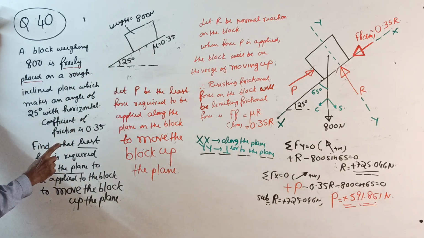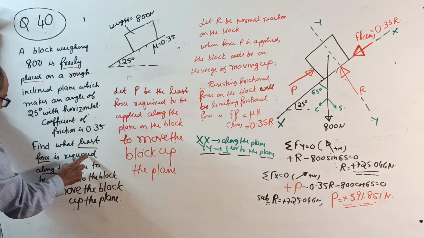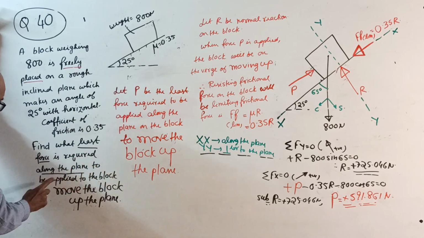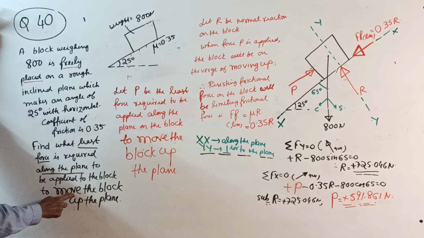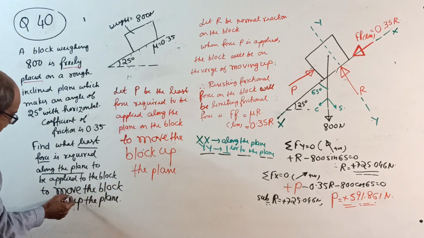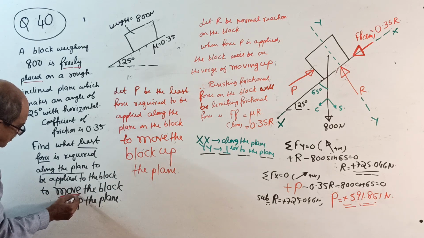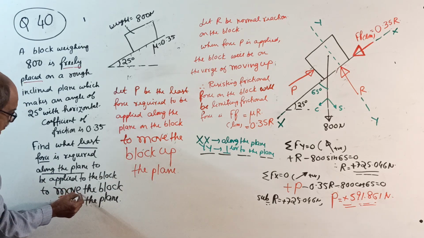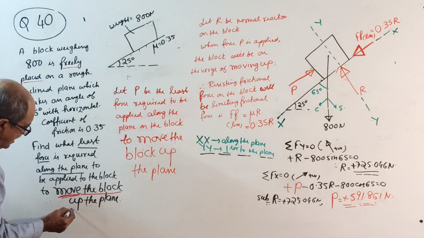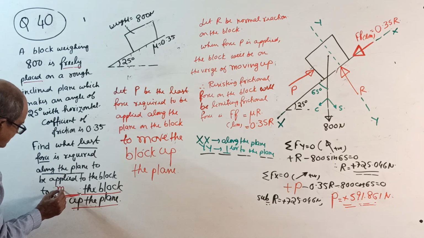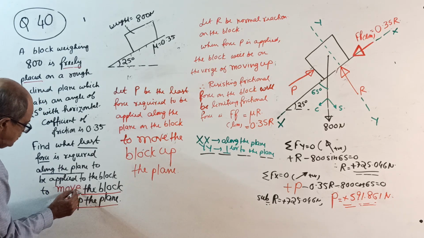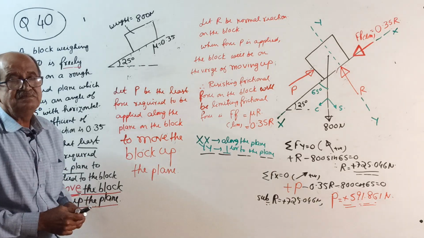Find what least force is required along the plane to be applied to the block to move the block up the plane. See, to move, M-O-V-E, I think it is visible. To move the block up the plane.